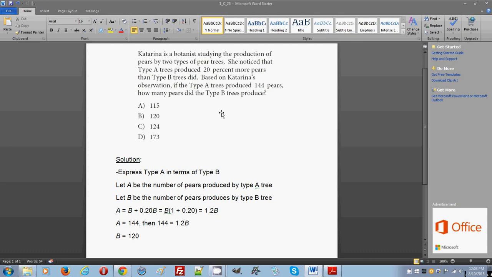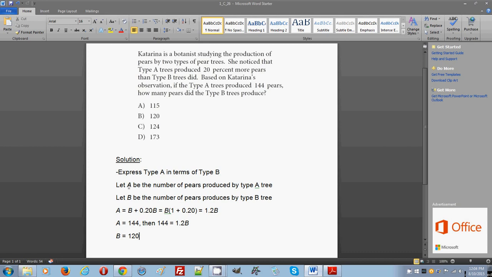The first thing that should come to your mind is that if we know how many pears type A trees produced, which is 144, and we don't know the number of pears that type B trees produced, then we must express one in terms of the other. To find the second one, we need to express the first one in terms of the second one. So the best thing you can do is express type A in terms of type B, right?